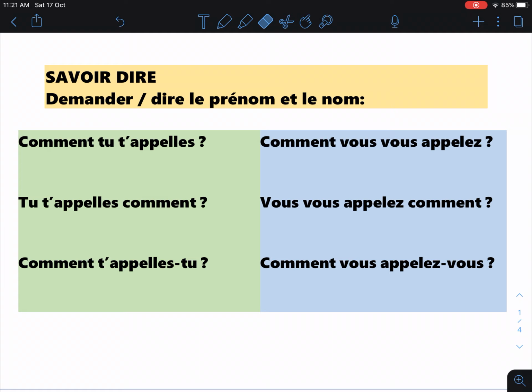Comment, if you look it up in the dictionary, means how. Well, in English, comment tu t'appelles simply means what is your name. But literally, comment is how, t'appelles, appel is call, and tu is yourself. How do you call yourself?